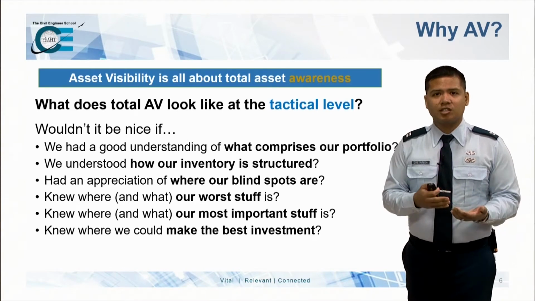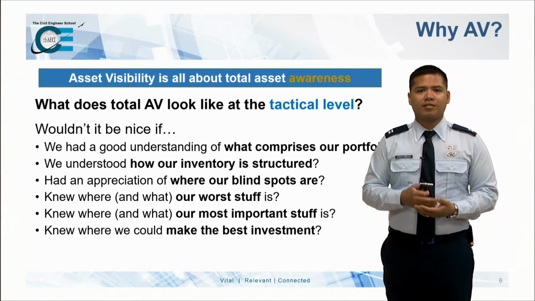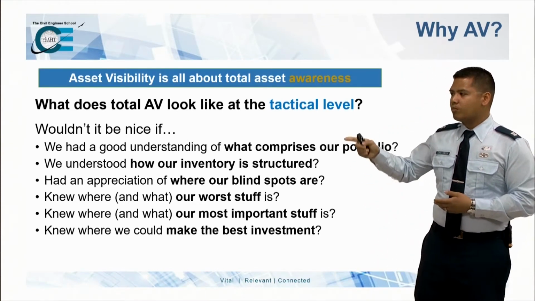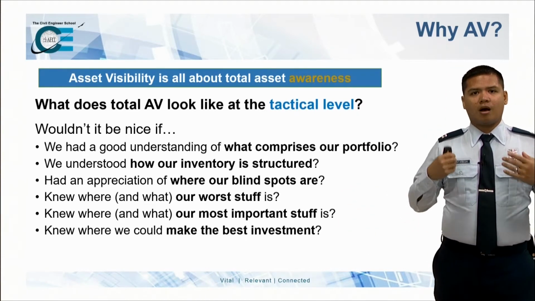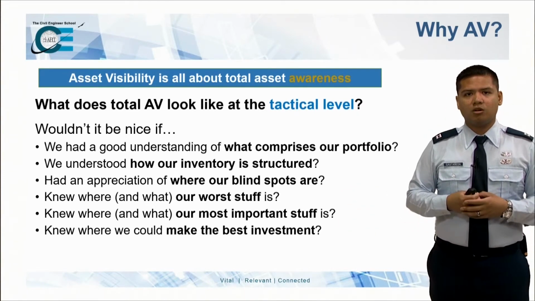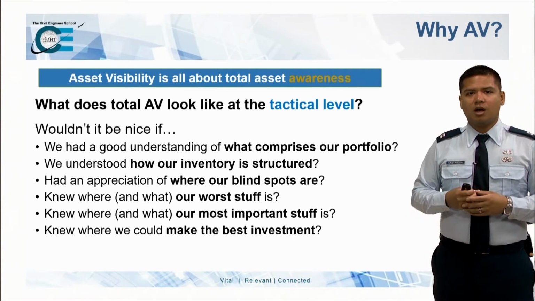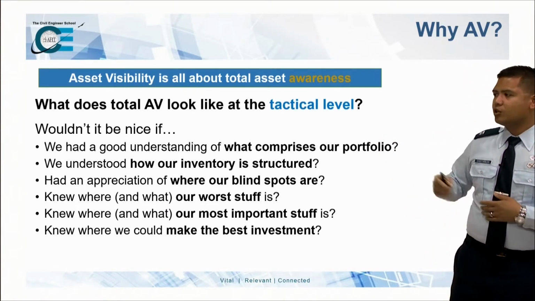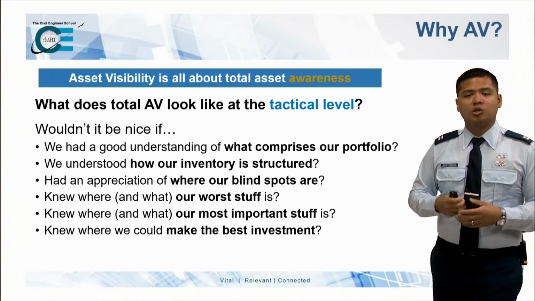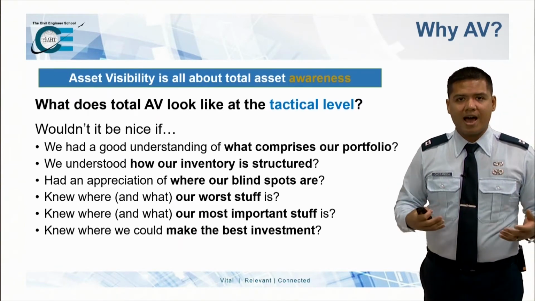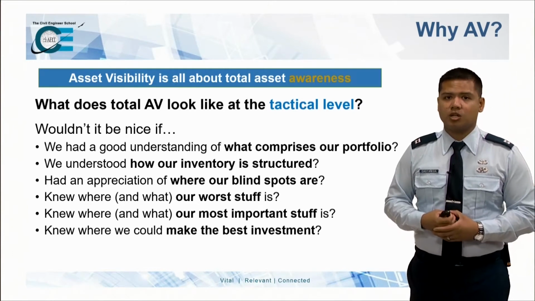So, at the tactical level, what are we talking about? At the tactical level, we could answer these questions, and these come out of the Ops Engineering Playbook. Wouldn't it be nice with asset visibility if we had a good understanding of what comprises our portfolio? Okay? Do we even know what assets we have? That's that first asset management question.